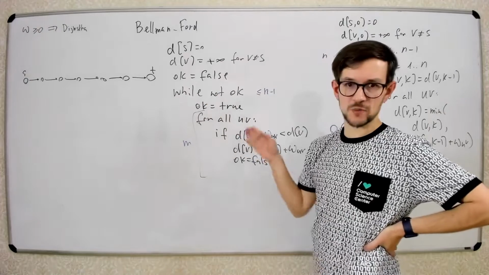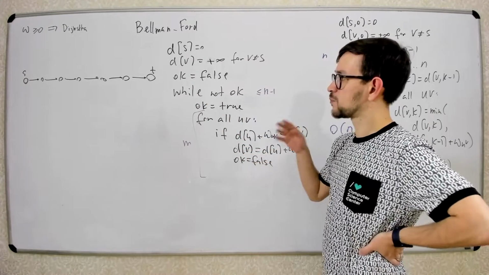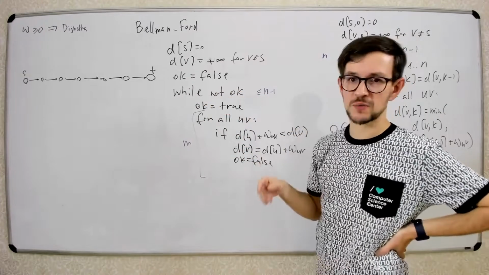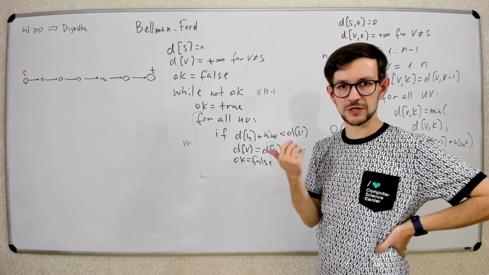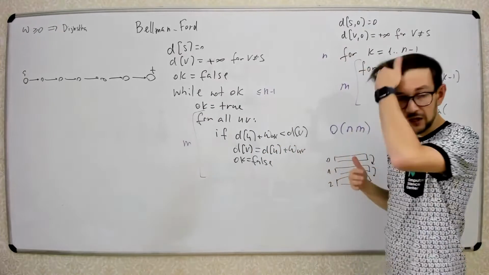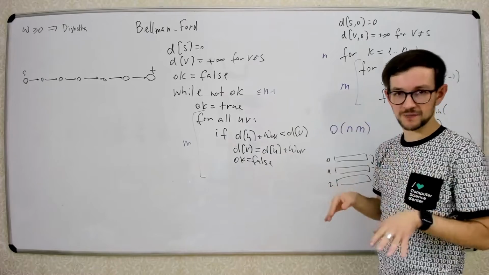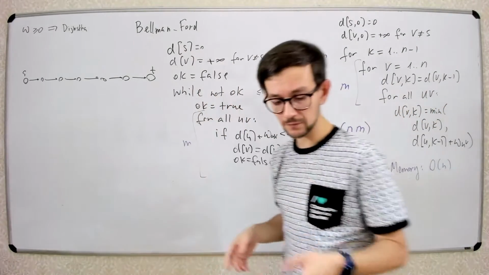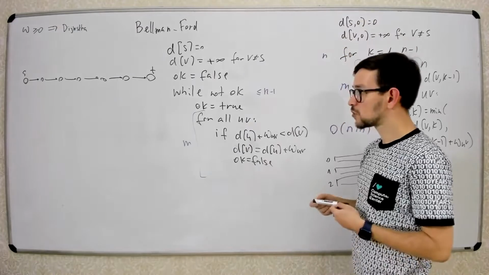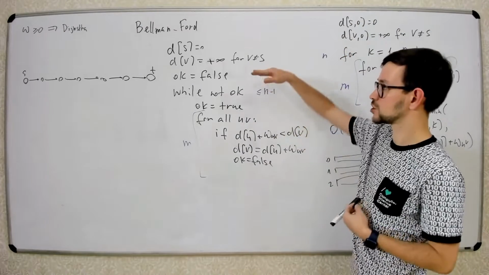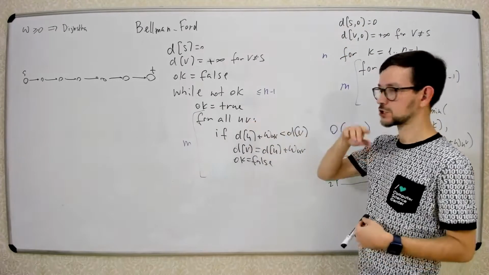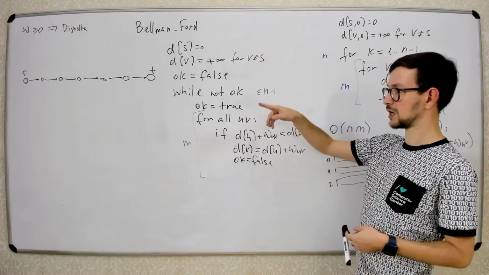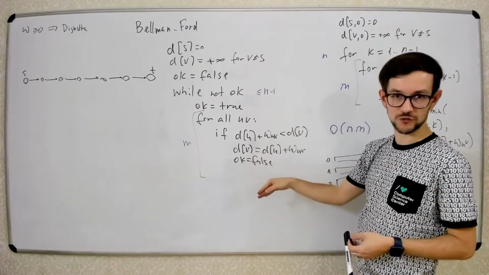So this is the shortest path from S to T. Is it possible that we will find the shortest path in a single iteration of this algorithm? So let's take some graph. So in this graph you have this shortest path. So this is the shortest path. Is it possible that we arrange the edges in such an order that we will find this shortest path in a single iteration of this loop?